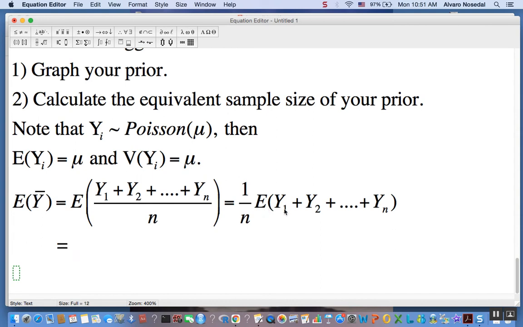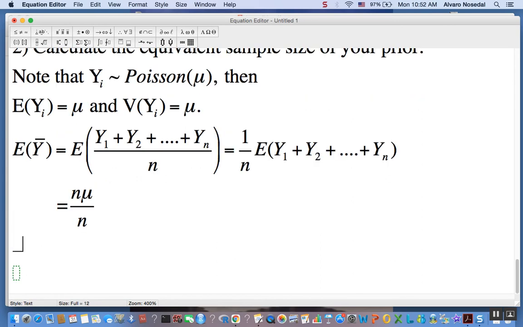So we would have expected value of y1 plus expected value of y2 plus expected value of yn. So what we end up with is n times the expected value of those guys, right? So what we end up with is n times mu divided by n. So in the end, this happens to be just mu. So the expected value of y bar is equal to mu.